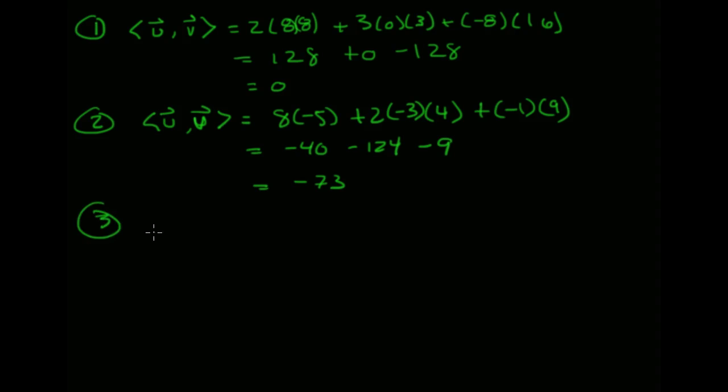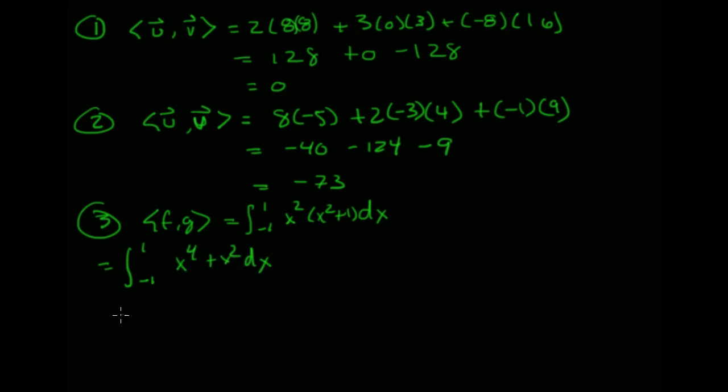This is where we start defining an inner product with functions. This is going to be the integral from negative 1 to 1 of x squared times x squared plus 1 dx. Excuse me, the integral from negative 1 to 1 of x to the 4th plus x squared dx. So this is 1/5 x to the 5th plus 1/3 x to the 3rd from negative 1 to 1.